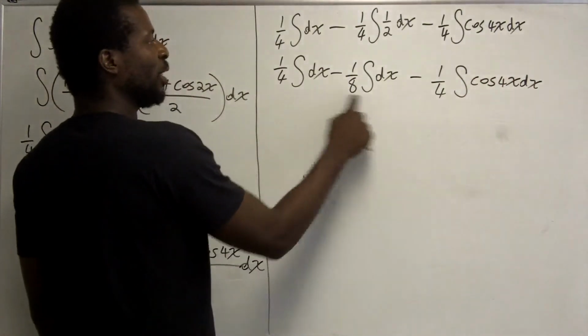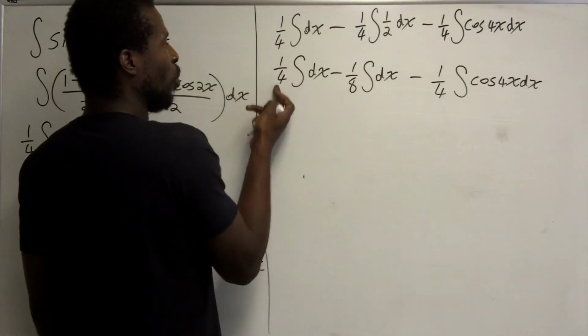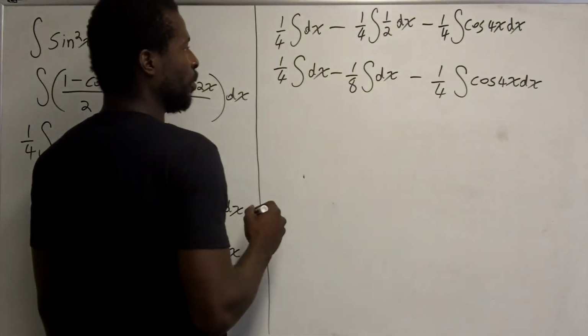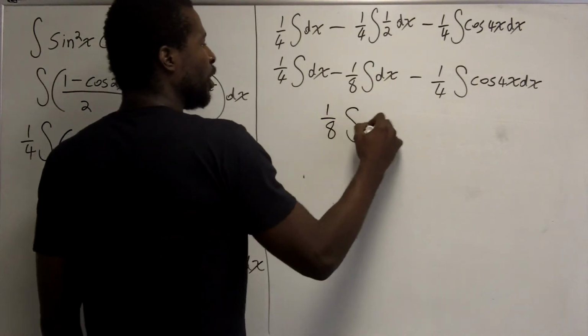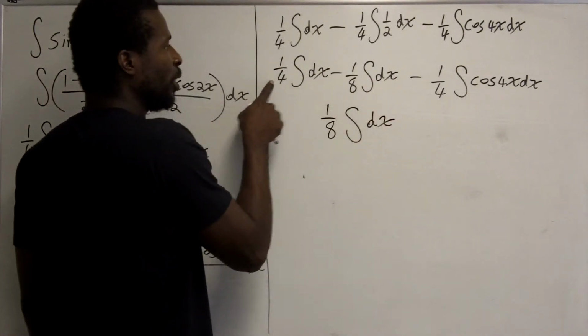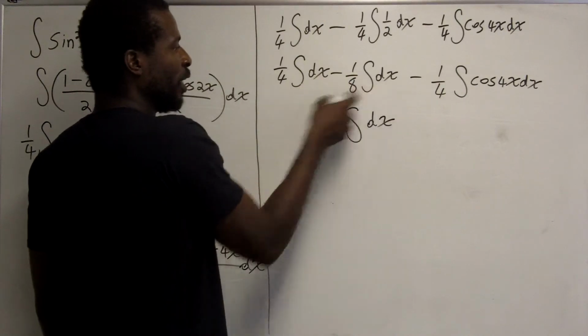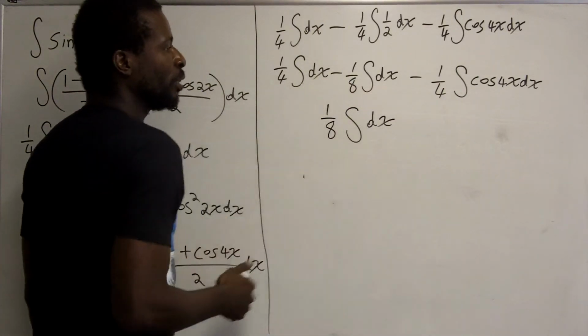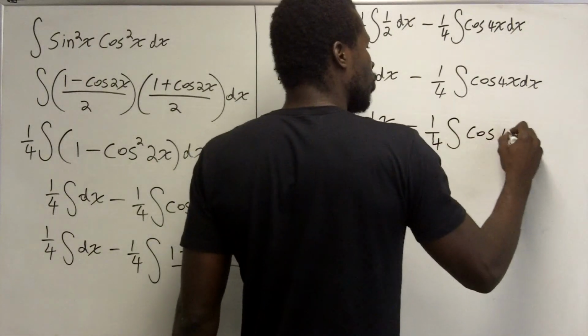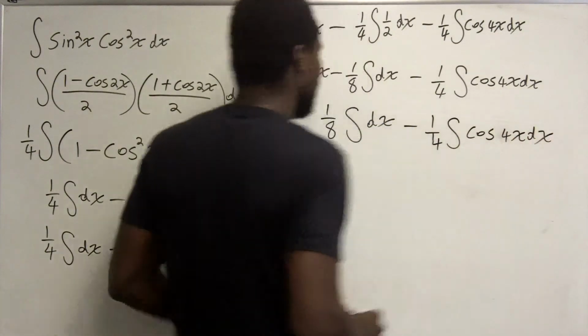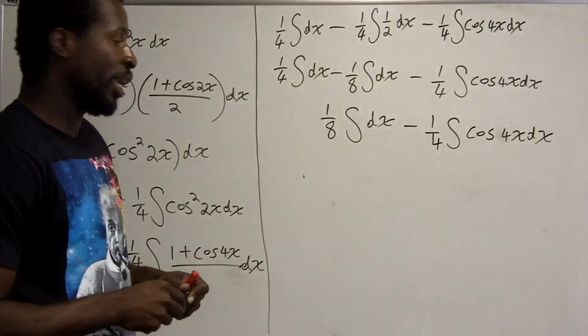Well, these two are actually like terms that can be combined. I have 1/4 of something minus 1/8 of something. If I combine those, I get 1/8 of the integral of dx, because this is 2/8 minus 1/8 of the integral of dx. Then minus 1/4 of the integral of the cosine of 4x dx. This integral is easy, that's just 1/8 x.